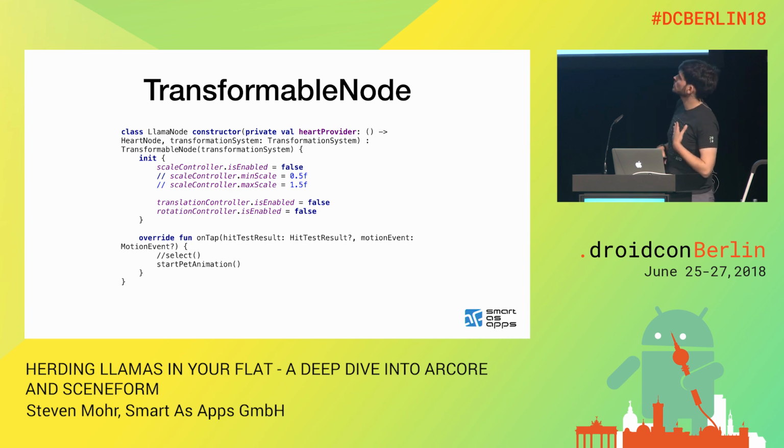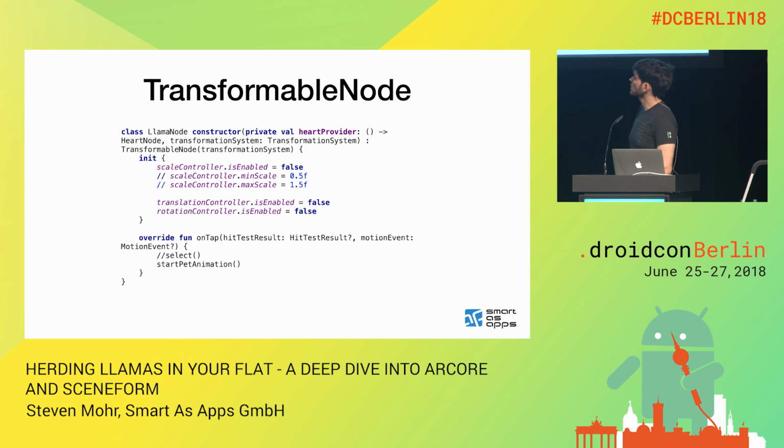So we use a Llama node that is a subclass of TransformableNode. And with TransformableNode, you get this scale controller, translation controller, rotation controller, which you can configure how this should work. For example, for the scale controller, you can set a minimal scale and a maximum scale so that things don't get too big or too little for your app to actually work with.